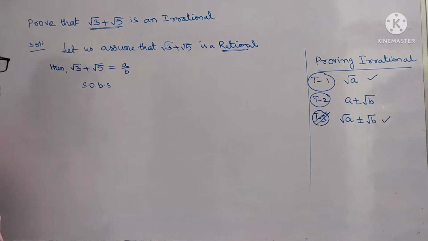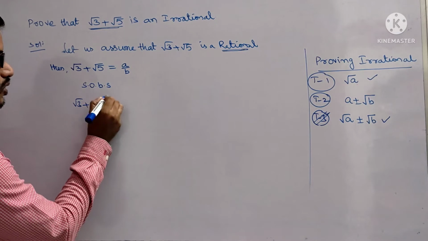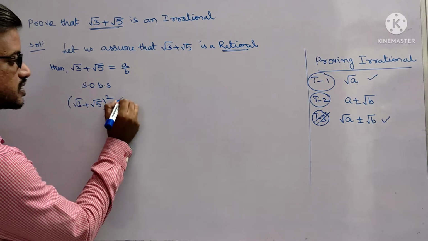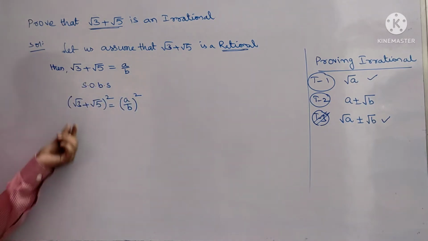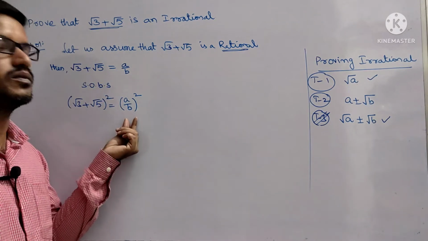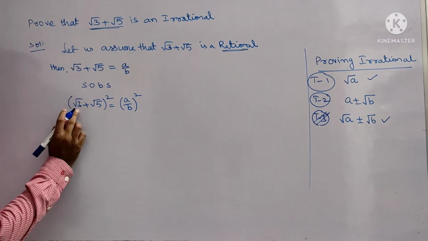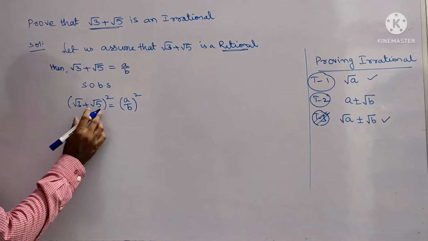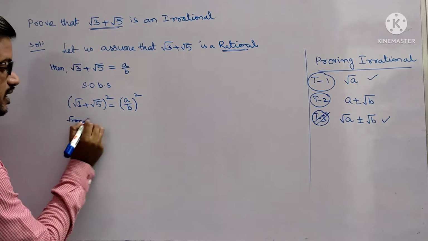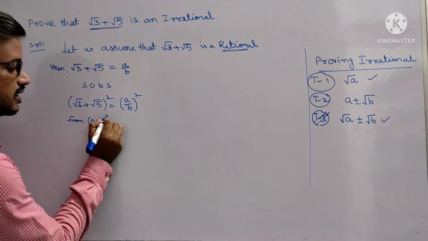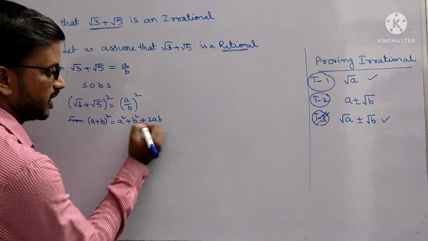By squaring on both sides we get root 3 plus root 5 whole square is equal to a by b whole square. Okay students, now if you observe this, it is in the form of a plus b whole square. We can apply the algebraic identity here: a plus b whole square is equal to a square plus b square plus 2ab.